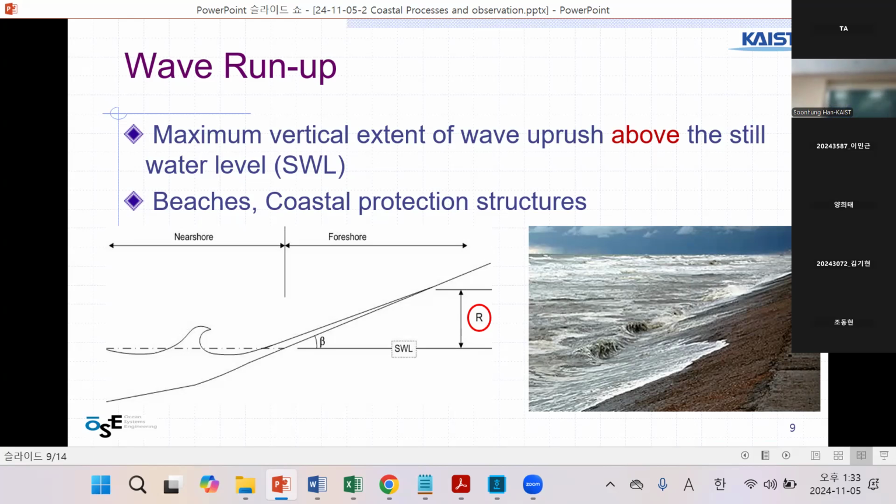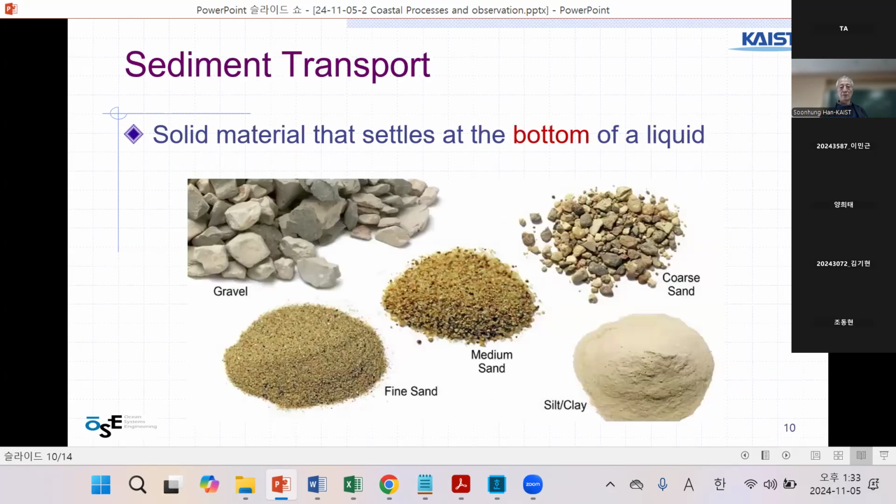So we can see that things around this point are for sure. And we can say R can be the distance or height of runup, depending on the size of the wave. And the sediment transport: some beaches have pebbles. In Korea, probably around the Southern Sea or South Sea, you can see the famous pebble beach with the black pebbles.